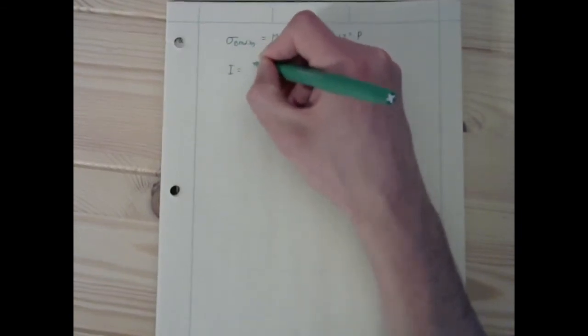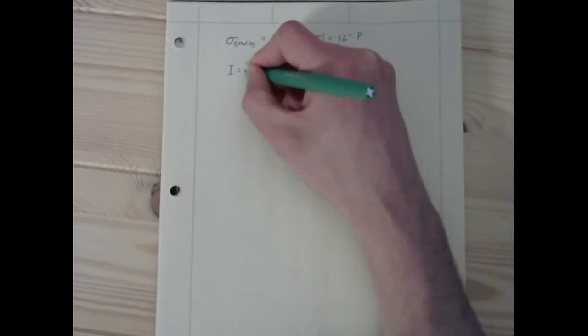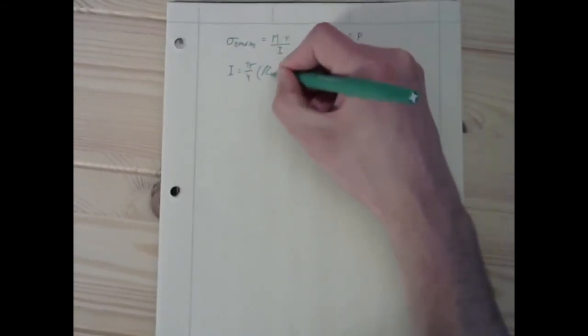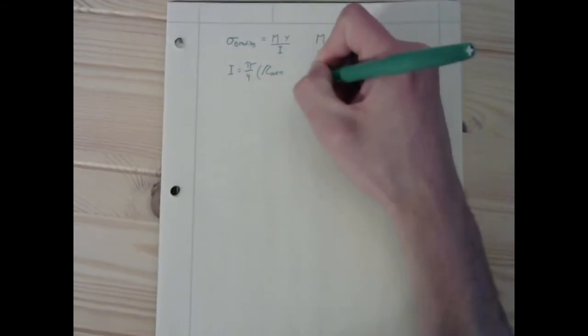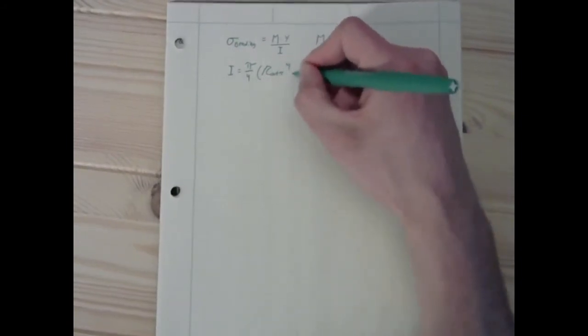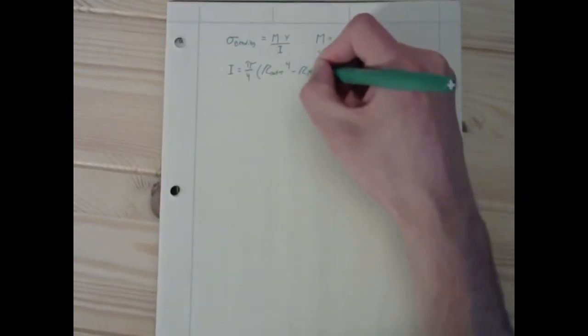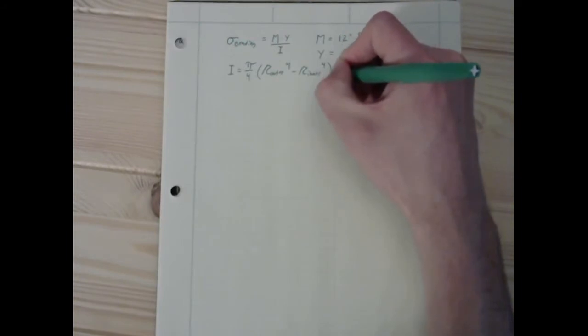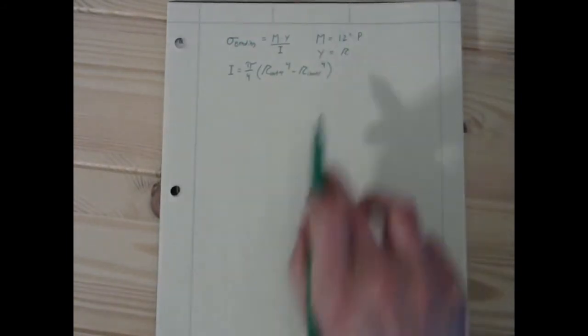It's going to be equal to pi over 4 times the outer radius to the fourth minus the inner radius also to the fourth. So that's what we'll be using for our bending moment normal stress in the x direction.